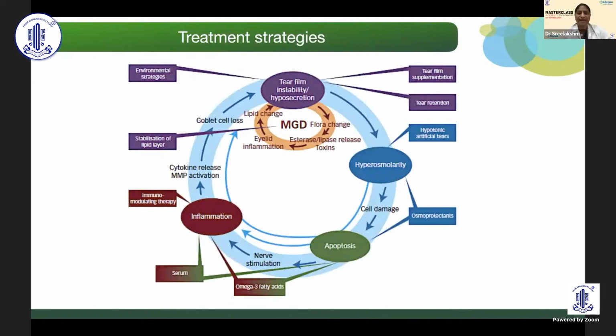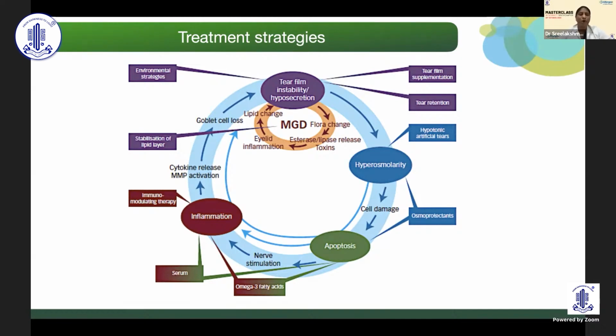Coming to the treatment strategies, for tear film instability there are artificial tear supplements and preparations for tear retention, and if there is hyperosmolality, osmoprotectors are available. I don't know about omega-3 fatty acids. I don't see much of them. There are studies supporting it, but the studies are also not very truly helpful.